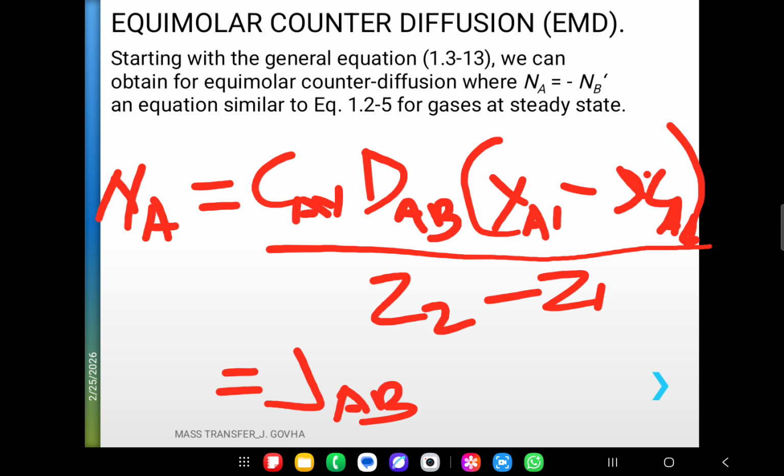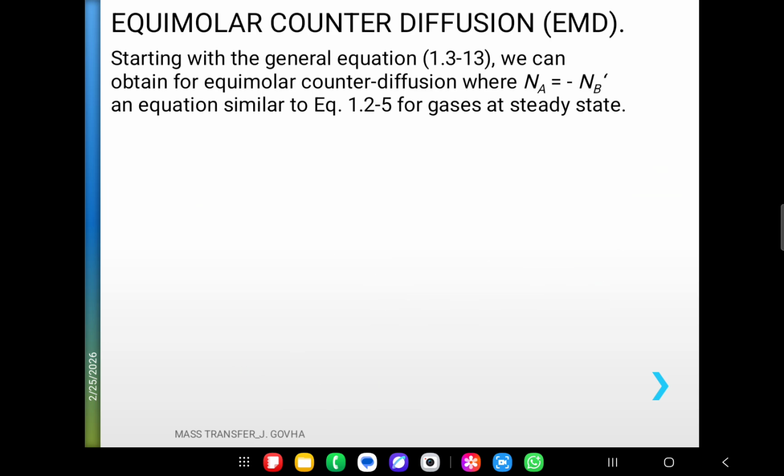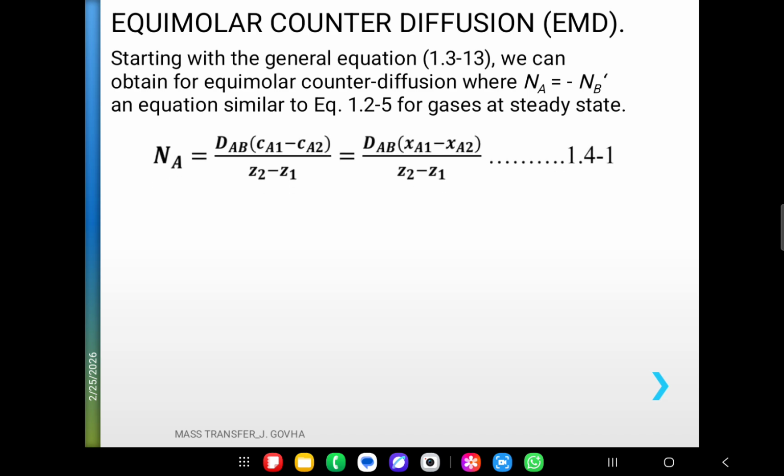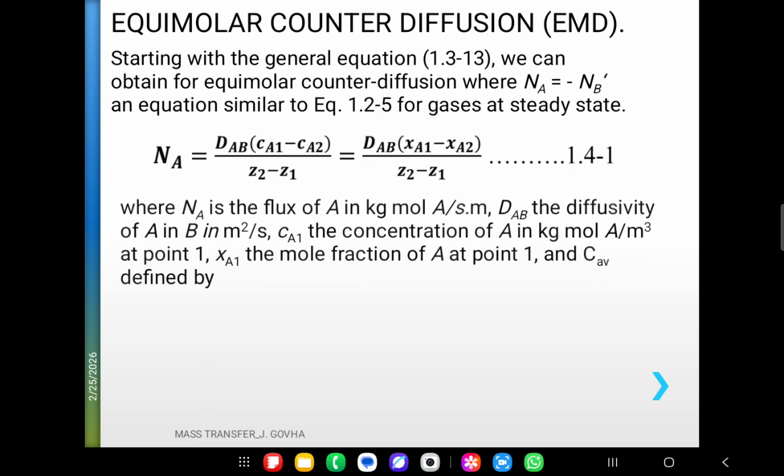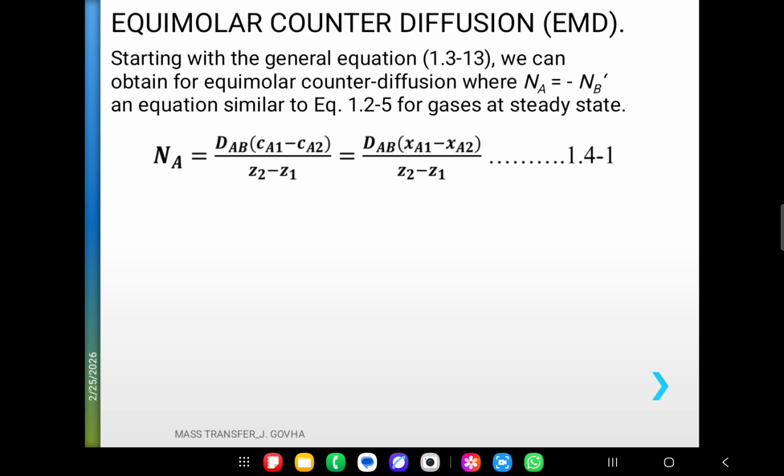Sorry about that, this equation needs to be corrected.